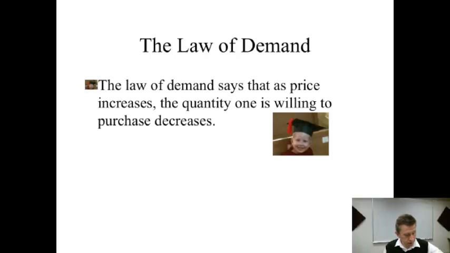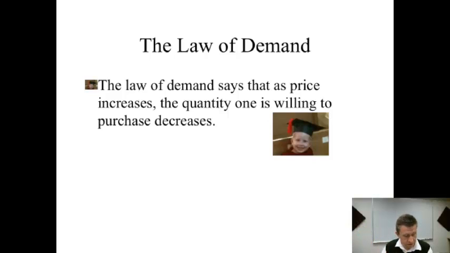So we have what's called the law of demand. The law of demand indicates as price goes up, the quantity drops, or vice versa. As the price drops, the quantity increases. When we talk about this, we're talking about the quantity one is willing to purchase. So as price increases, the quantity demanded falls, or as price decreases, the quantity demanded increases.